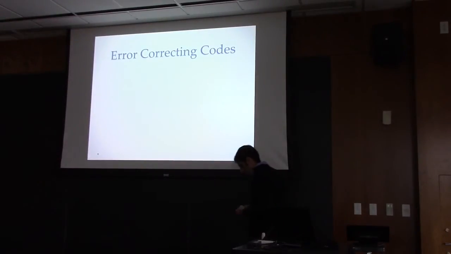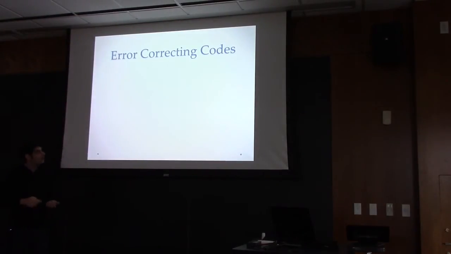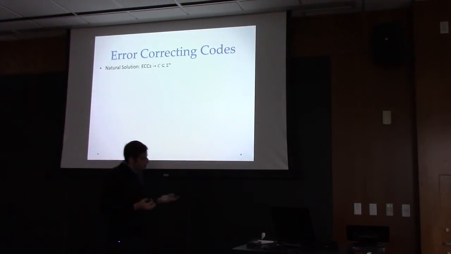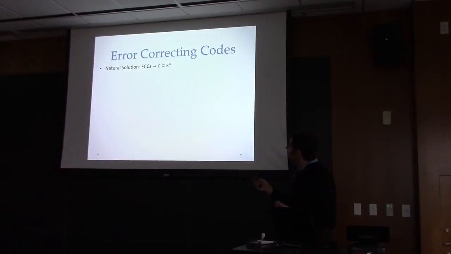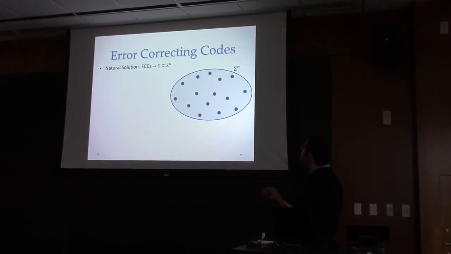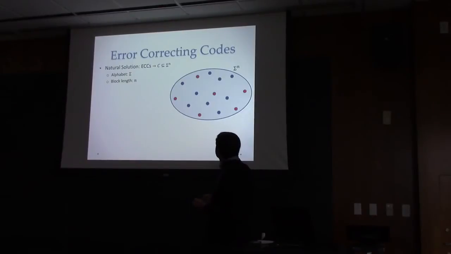Now, one natural solution to this problem is error correcting codes. An error correcting code is simply a subset of sigma to the n. As I told you, we refer to sigma as alphabet and to n as block length.